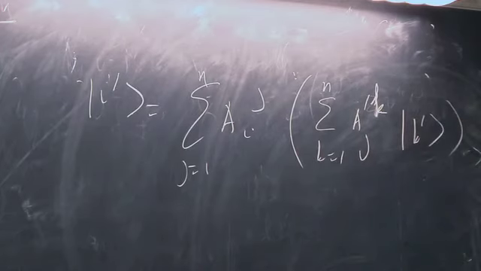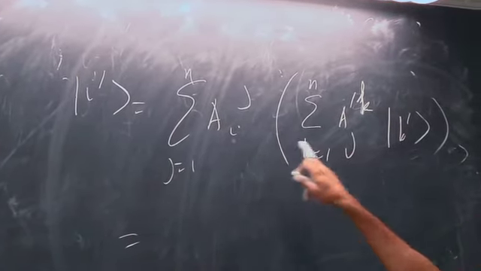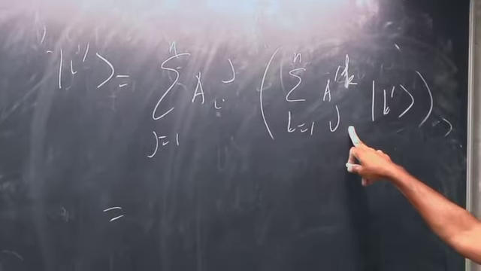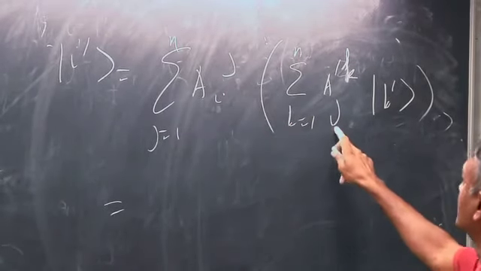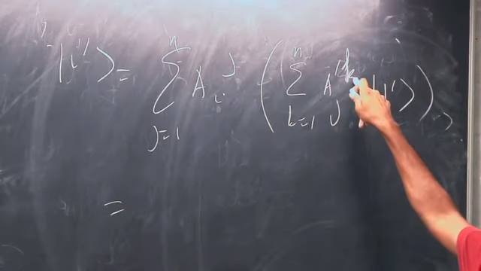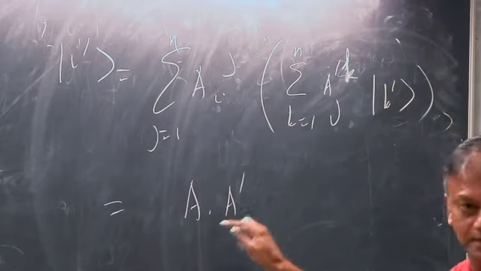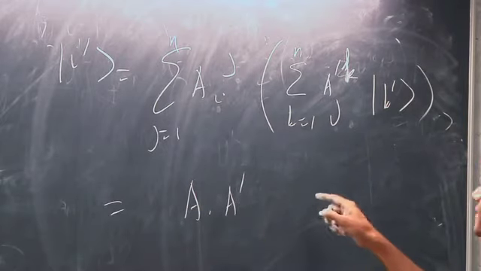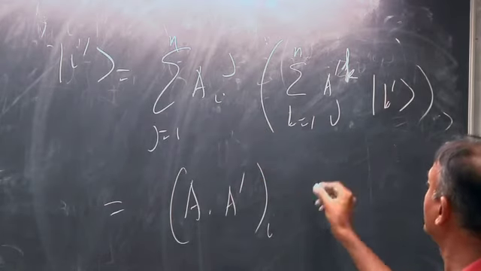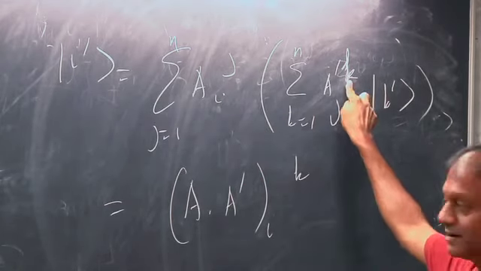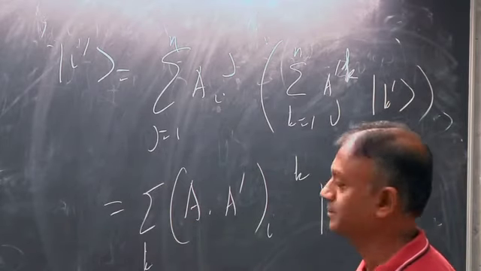Actually, I could write it in matrix notation. You have Aij, so think of this as the row and that as the column. Then this is nothing else but A times A prime in the matrix language. I'm taking the ith row and kth column, multiplying k prime, summed over k equal to 1 to n.